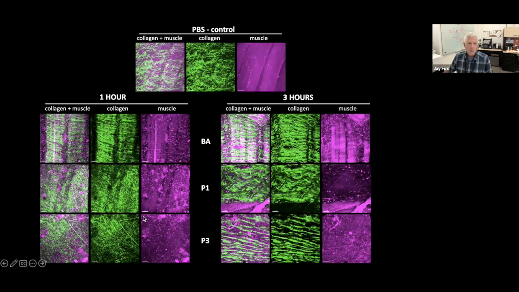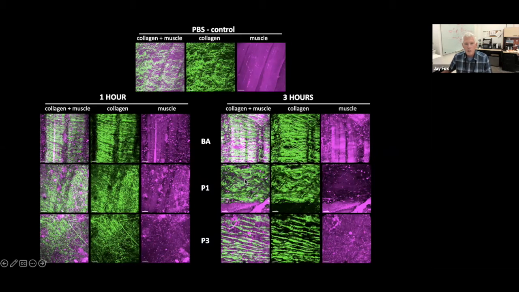If we look at a P1 snake venom metalloproteinase, looking at just the collagen channel, it is somewhat similar if you look carefully at what the control might be. But what you can see here is that there is disruption of the underlying muscle tissue and erythrocytes.